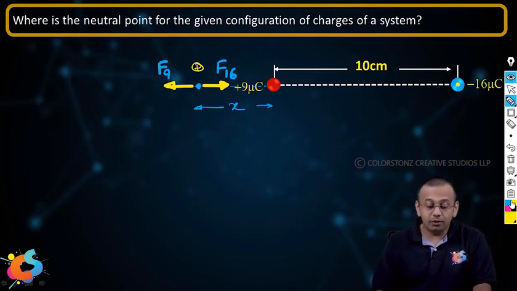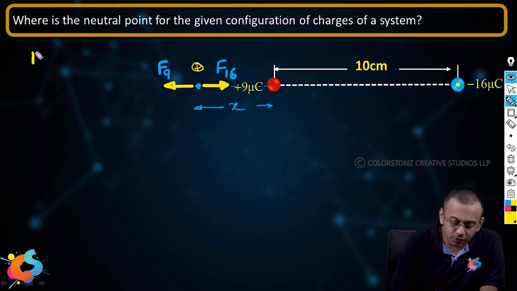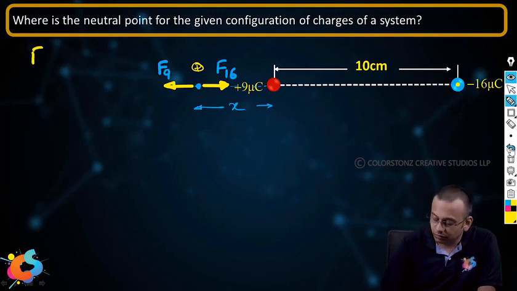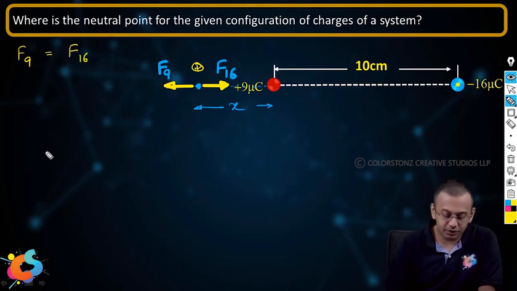So for solving, we are saying these two magnitudes must be equal. The force due to the 9 microcoulomb charge must be equal in magnitude to the force due to the 16 microcoulomb charge.